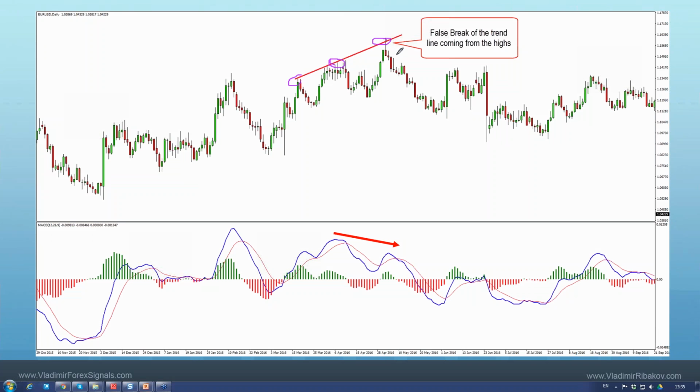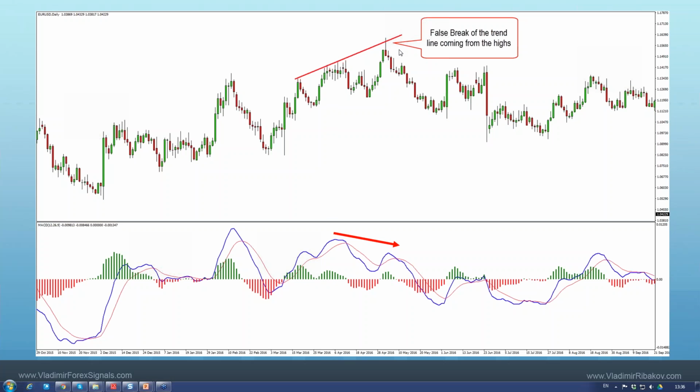They have to be equal. And when they are equal, this trend line starts to have a lot of force, power. When we got a divergence on it, we know we are good to call that a false break.